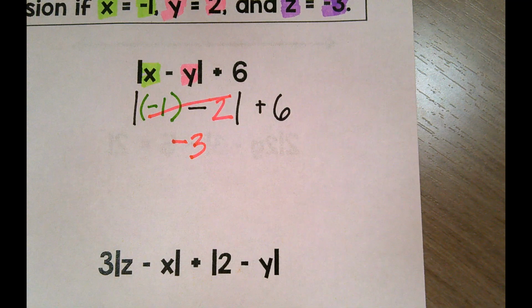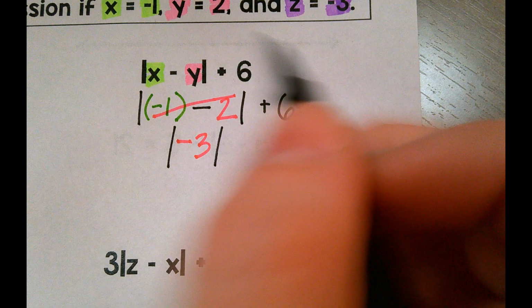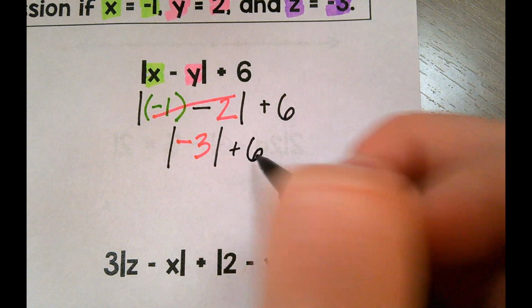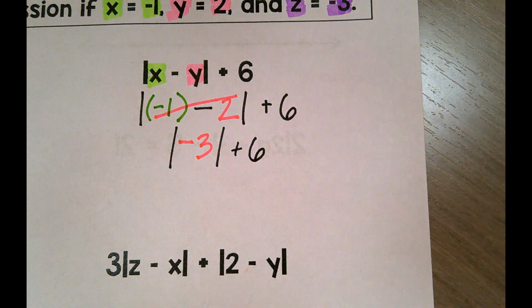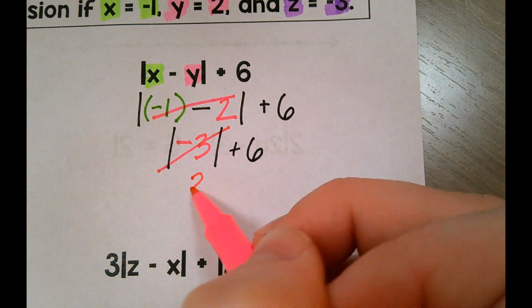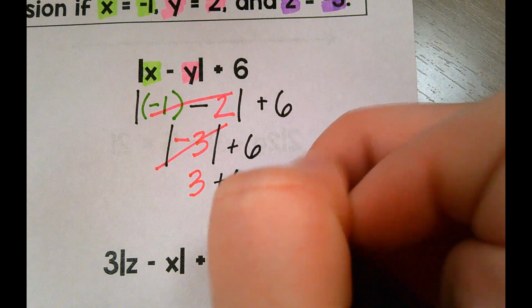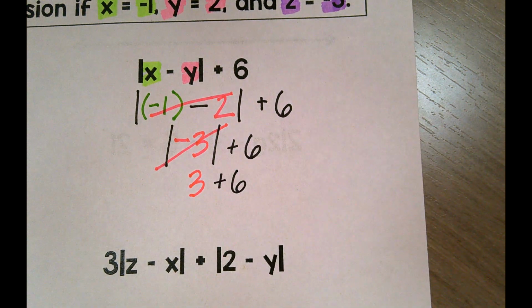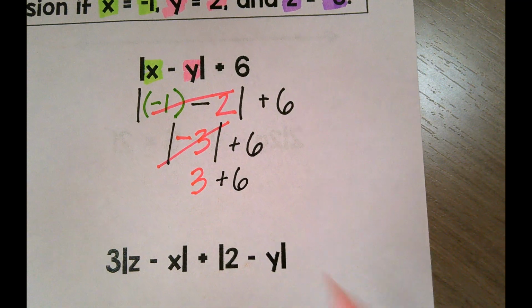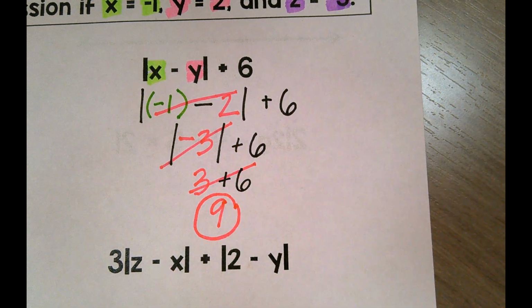What comes down? My bars. What else comes down? +6. Now what? Absolute value of -3 is positive 3. Yes, absolute value of -3 is +3, plus 6 equals 9. Our calculator was right. And we know how to do it.